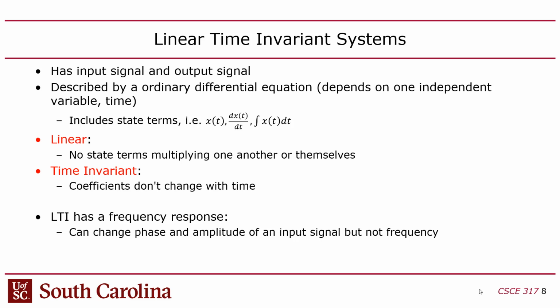Or you can represent them as state space equations, which is just a matrix form of the regular differential equations. The state space is the time domain, but it uses matrices instead. And then for discrete systems, there is a Z domain.